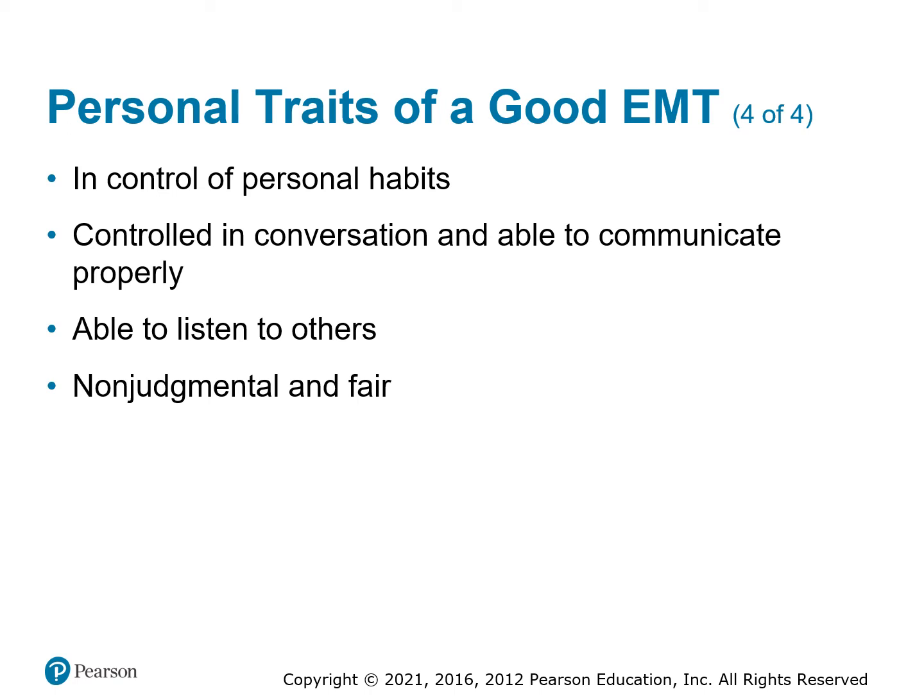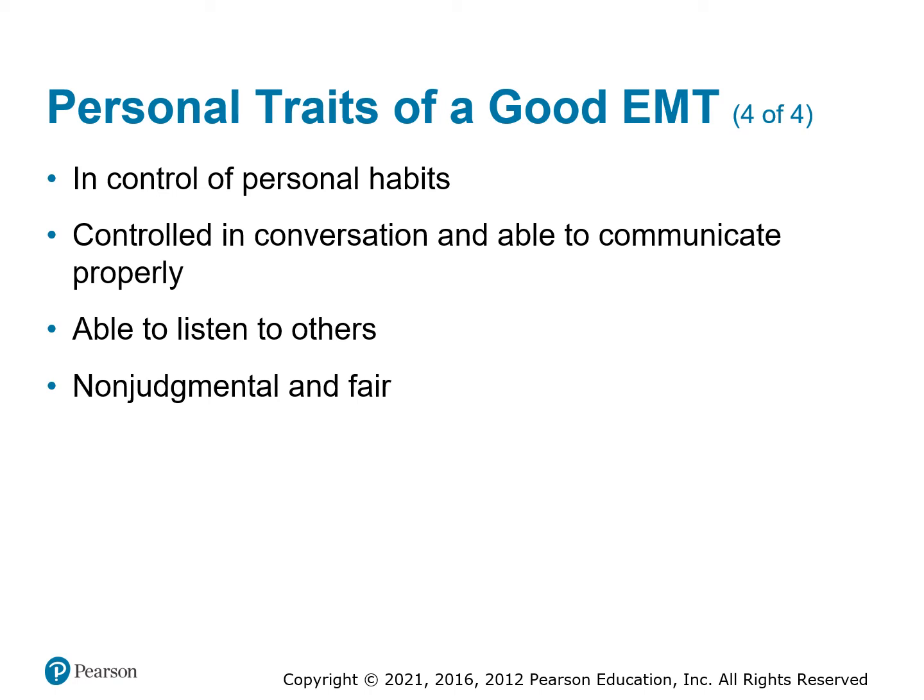You need to be able to control the conversation and communicate properly, whether it's with the patient, with the people you're working with, or perhaps with the family. Perhaps you have a bad outcome or what you expect to be a bad outcome with the patient. You don't want to give false hope to a family by telling them, hey, everything's going to be fine. We're going to get them to the hospital. You need to be able to control that conversation.